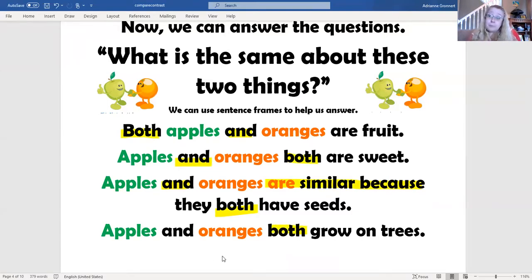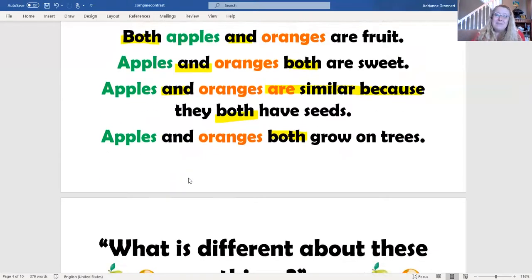Notice how the sentence frames that show the similarities, or the things that are the same about the two objects, use the words "and" and "both." That's important language to learn when we're talking about comparing objects, or comparing anything, really.